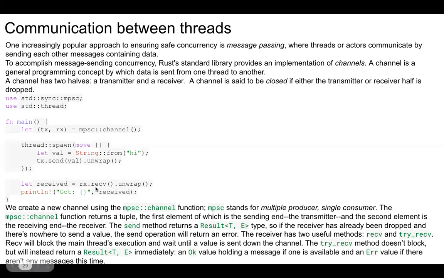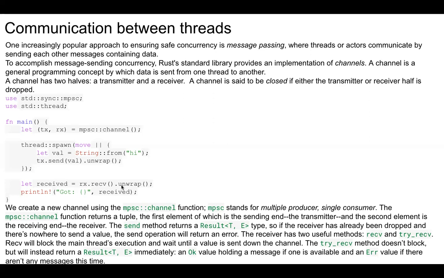The receiver has two methods. One is recv in this example, and there's another one, try_recv. The main difference is that try_recv is non-blocking. When the main thread comes to recv, it will stop, suspend all other executions, and wait until it receives a message.